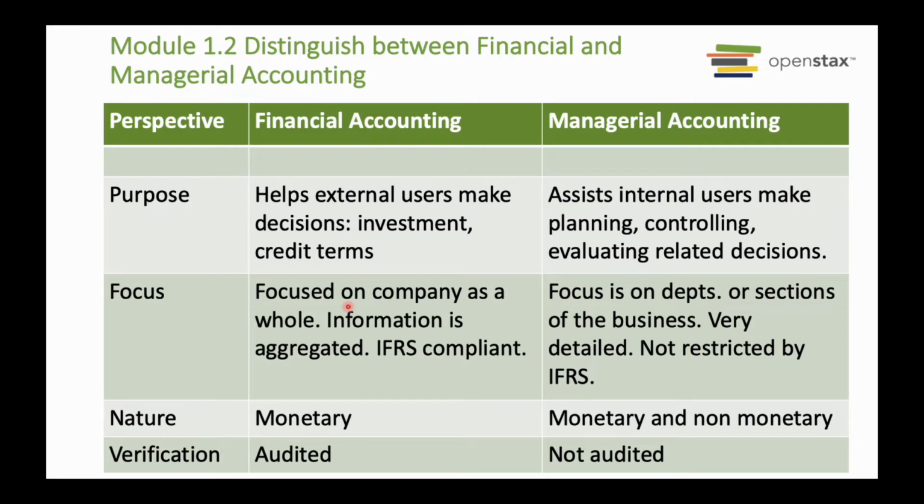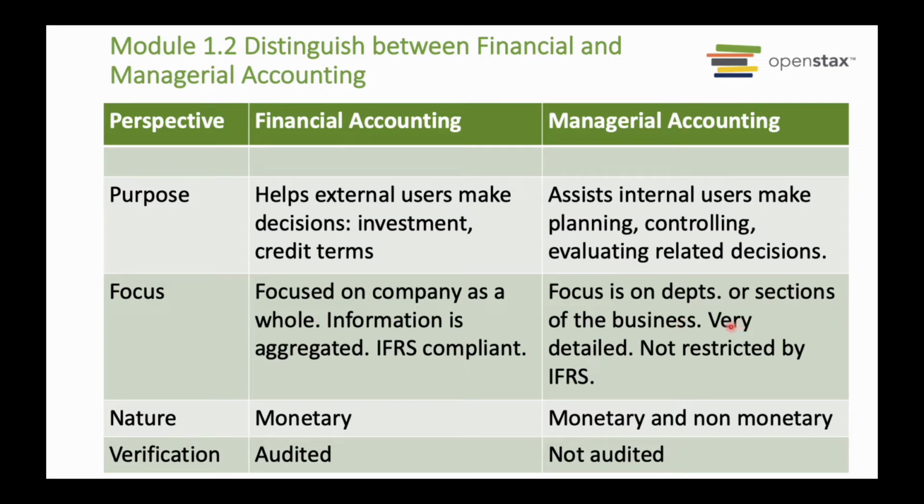The focus of the information. Financial accounting information focuses on the company as a whole. So the information is aggregated in nature, and financial accounting information normally has to comply with IFRS, International Financial Reporting Standards. The focus of managerial accounting information is on subunits of the organization, for example, a department.